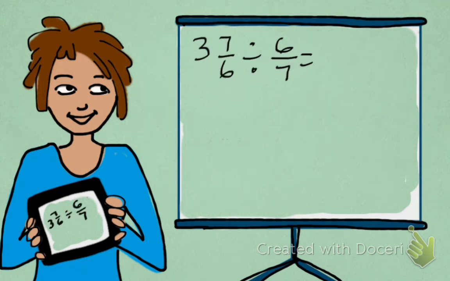Now let's try these fractions. So mixed fraction, 3 and 7/6. Change the mixed fraction into an improper fraction. Now 6 times 3 equals 18, plus 7 equals 25, and copy our denominator 6, then divided by 6/7.